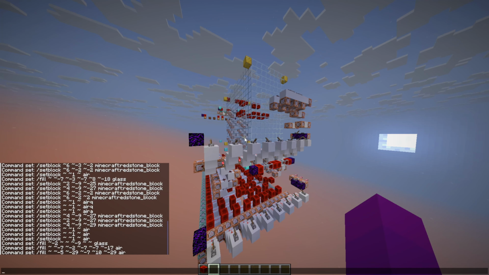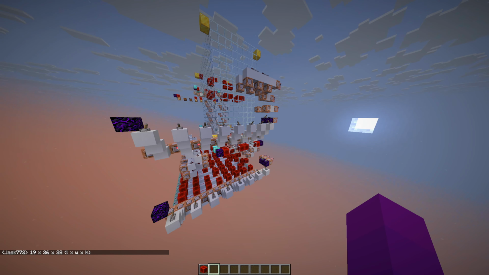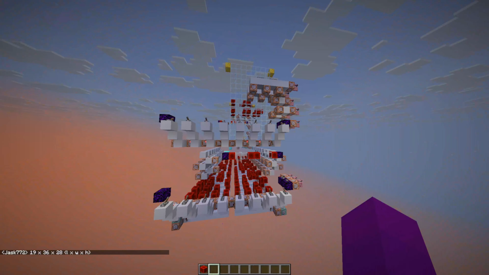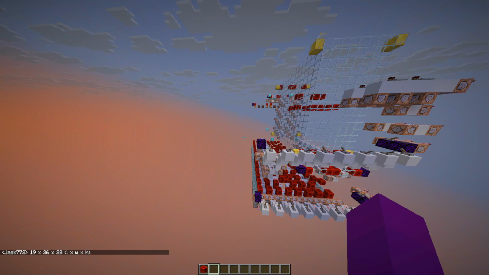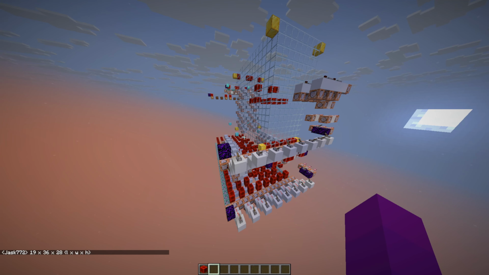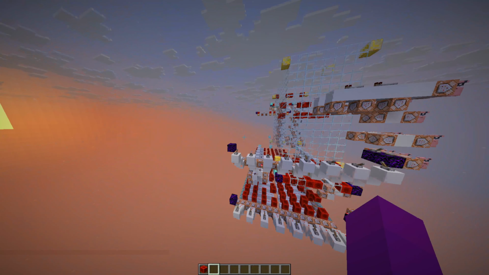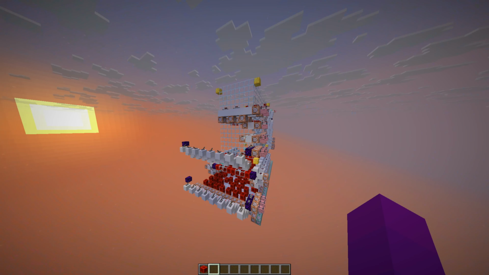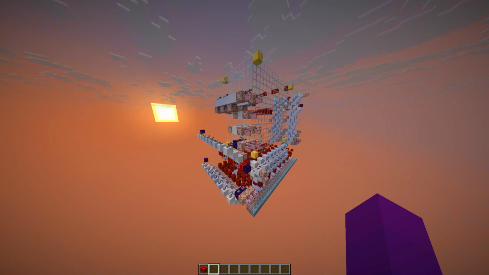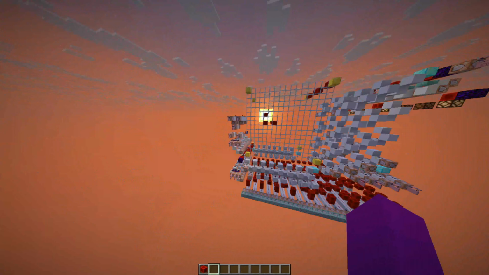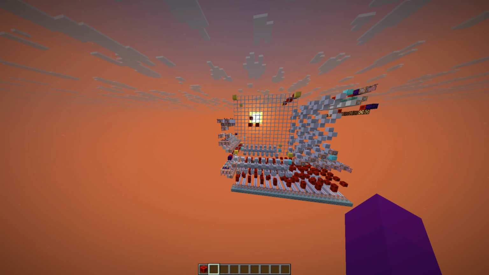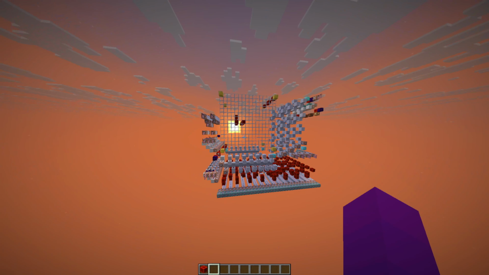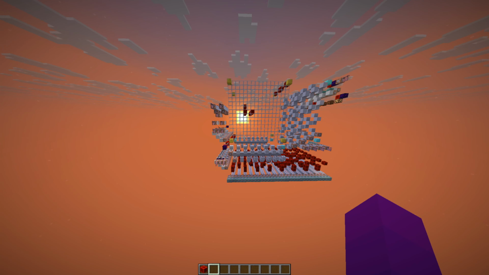The entire volume of this is what I just typed there, 19 by 36 by 28. So it's 19 wide here, or length-wise, and then the width here is 36, and then the height is 28.